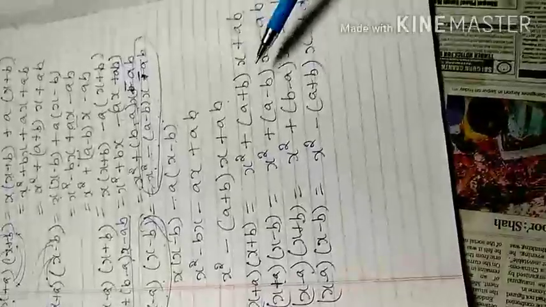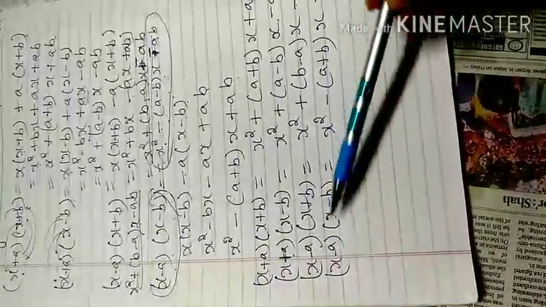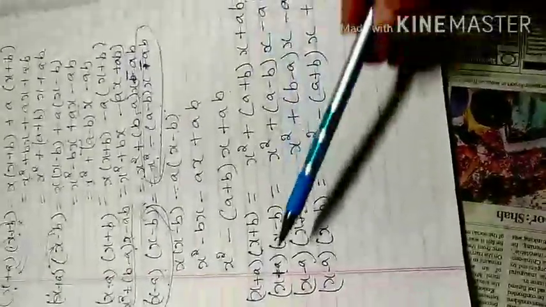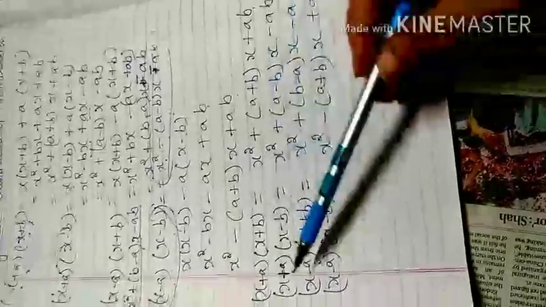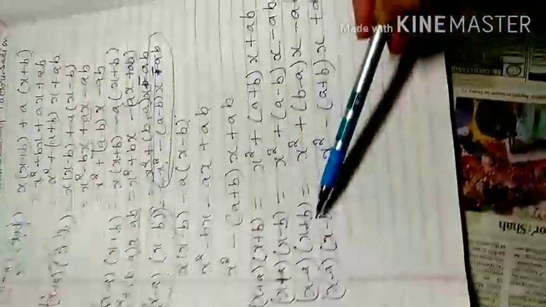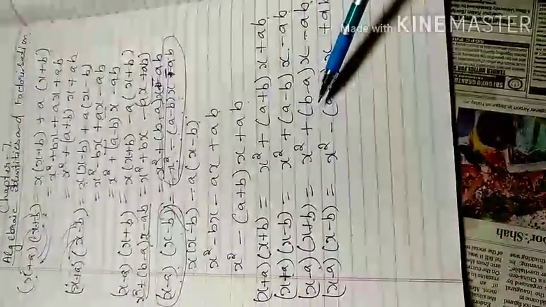If both are positive, then (a + b) x plus ab. And if both are negative, the negative sign is taken common, minus (a + b) x plus ab. Similarly, if a minus b is there, then (a - b) x, then positive negative gives me negative. And if it is minus a and plus b, then (b - a) x minus ab.